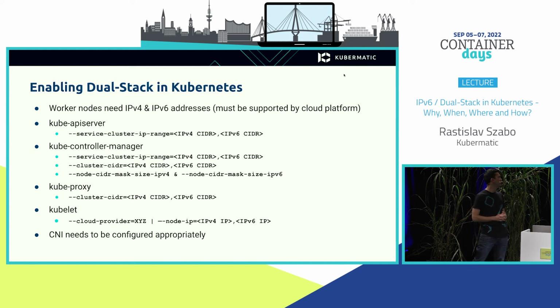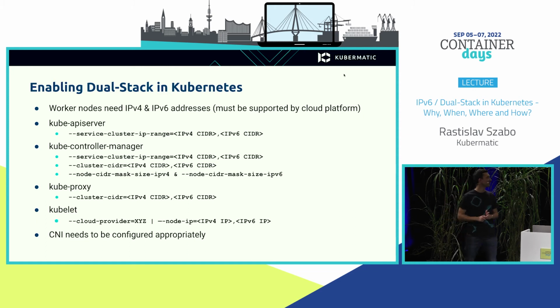Kube API server needs to be configured with an IPv4 and IPv6 service cluster IP range. Kube controller manager needs the same for the service cluster IP range. Also the cluster CIDR, which is the pod network that you are using, needs to be configured with both address CIDRs. The same on the kube proxy level, where you need to configure the pod network.